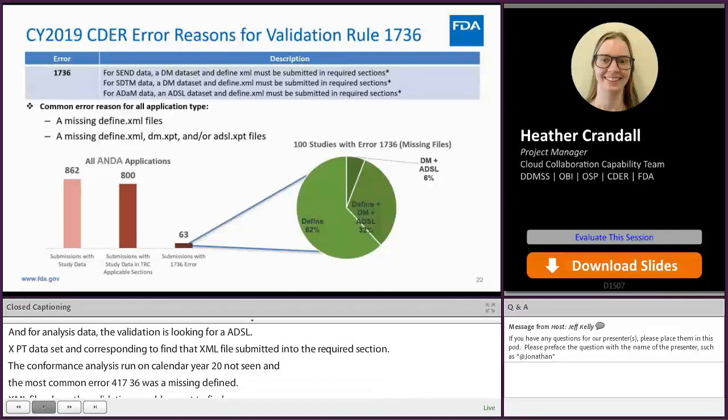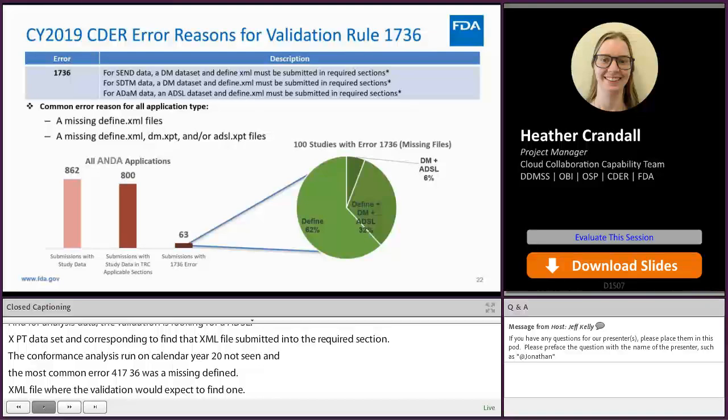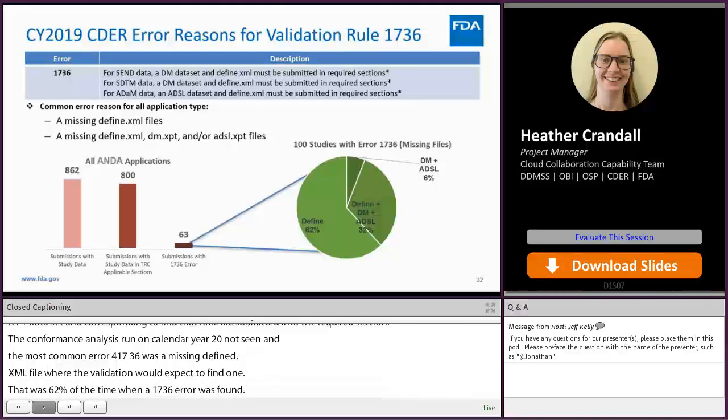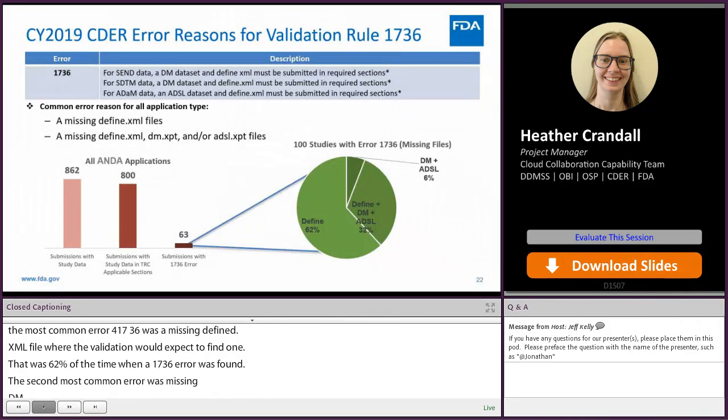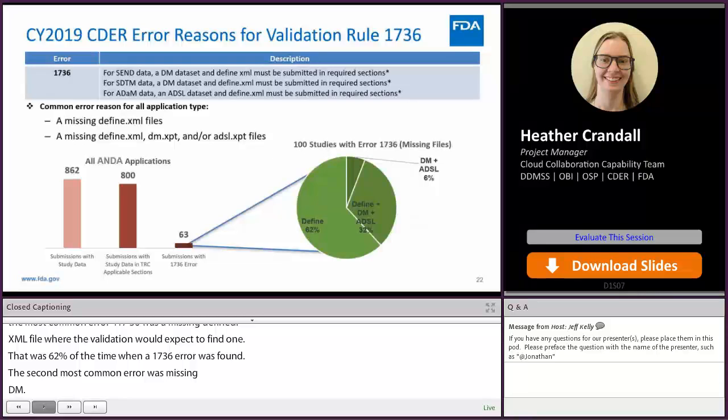Our second most common error was a missing define.xml, dm.xpt, and/or adsl.xpt. That is the case where SDTM and ADaM data were submitted to one study, so the validation is looking for all of those files.